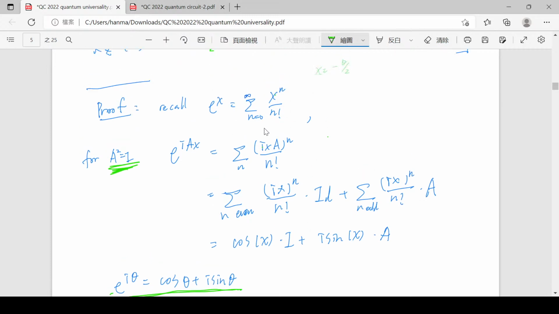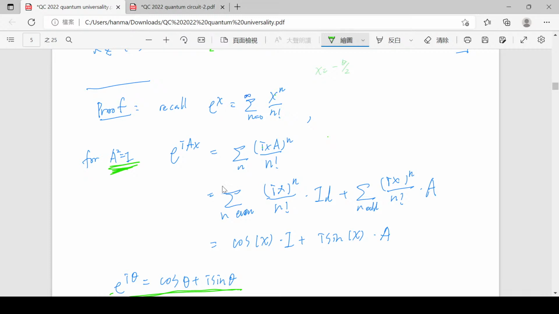So what happened to even terms here? There are a whole bunch of numbers, so the number is going to be n factorial and ix to the n. And what about the matrix part? You have A to some even power, but you know A squared is the identity, so this is just identity to some power, which is still identity.